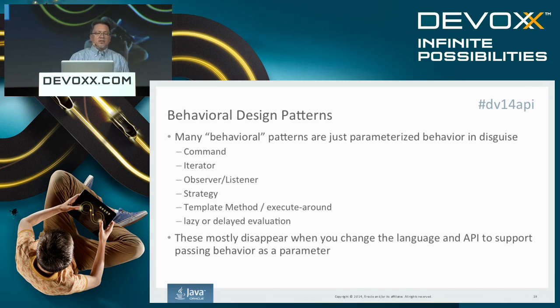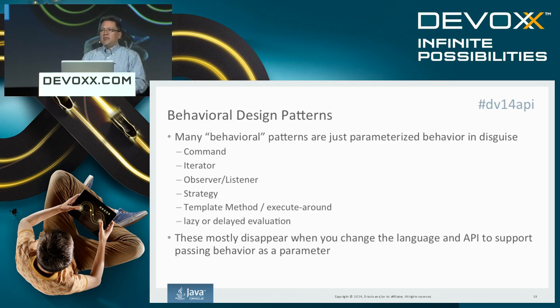So the pattern, so to speak, here is if you look at the 1990s books on design patterns, there's a whole family of behavioral patterns. And if you look at these, they're basically saying, okay, create this abstract class here and subclass it and provide this bit of behavior here. There are a variety of ways to put this together. But these are all just variations on saying, inject this behavior in or parameterize this behavior in somewhere.